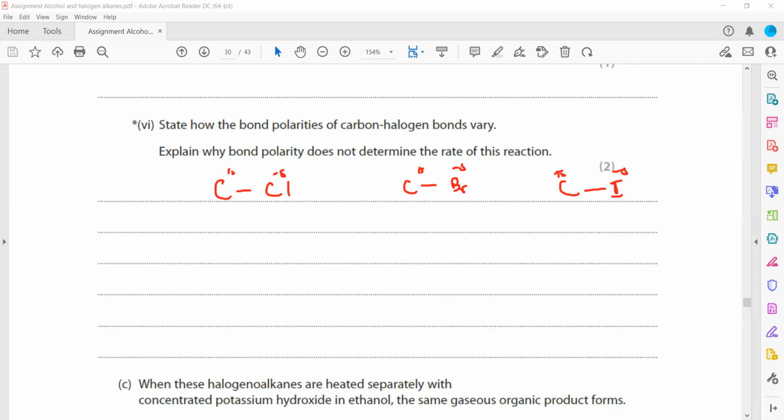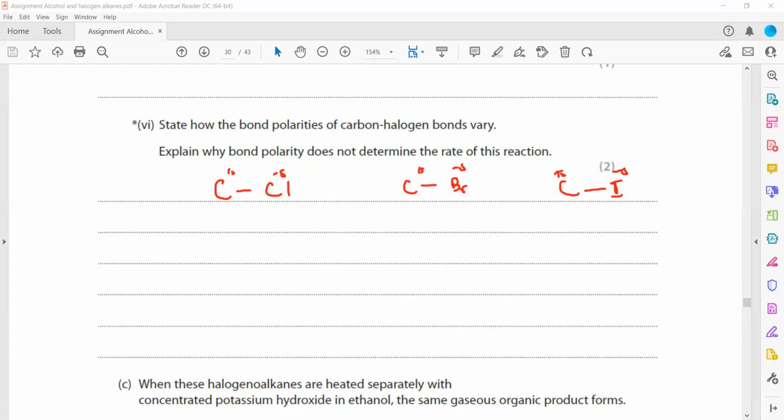We know chlorine is more electronegative than bromine, and bromine is more electronegative than iodine. That's why the electron pair is shifted more towards chlorine rather than bromine, and bromine rather than iodine.